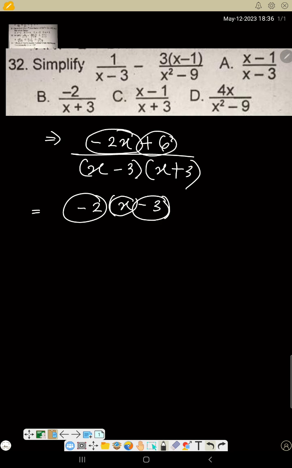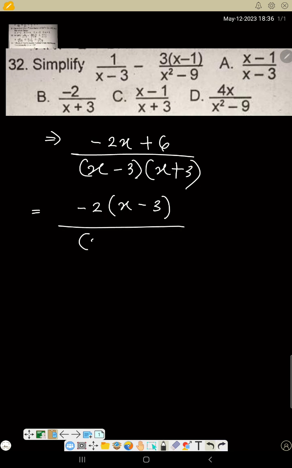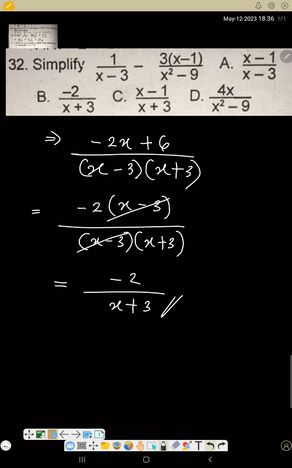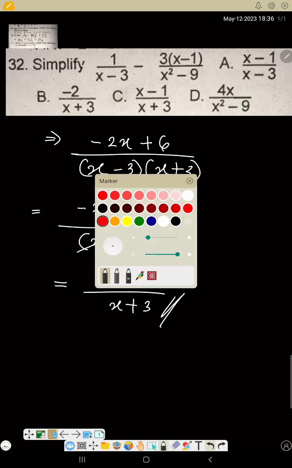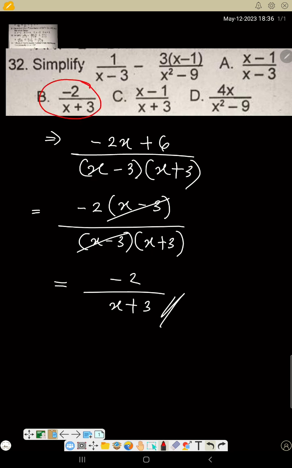Minus 2 times minus 3, that is plus 6. So everything divided by s minus 3 s plus 3. So s minus 3 will cancel out. So it remains minus 2 over s plus 3. So that is the final answer. That means the correct option is B.